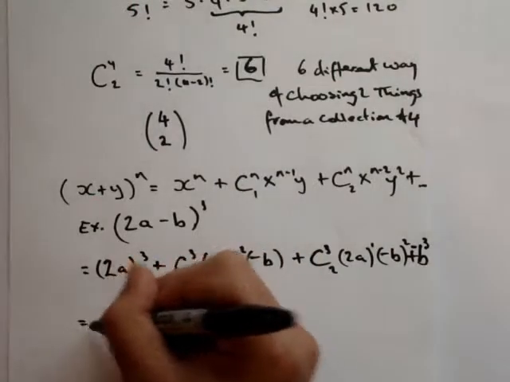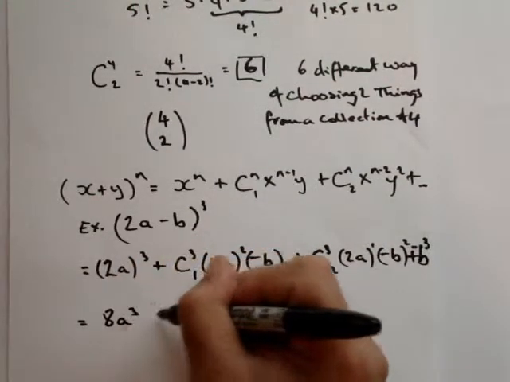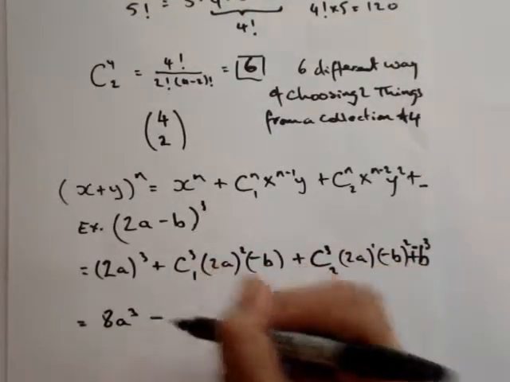So this then becomes 8a cubed. Because of the minus b, it's a minus.